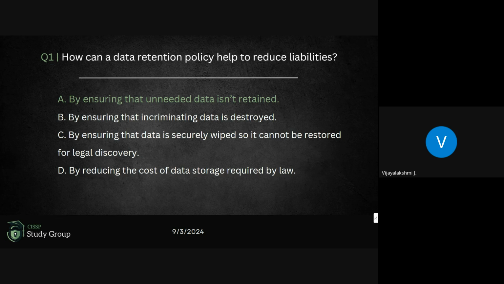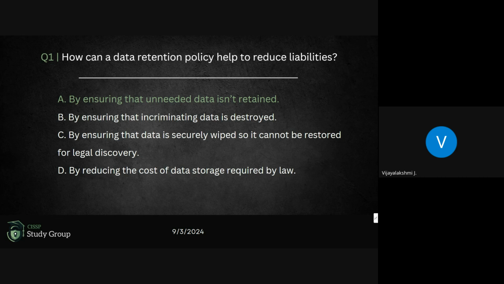The data retention policy is basically how far you want to retain it and how far it is useful for the organization, and based on that, how liable it is for the organization. So unneeded data isn't retained, meaning if something is not required, just don't retain it.